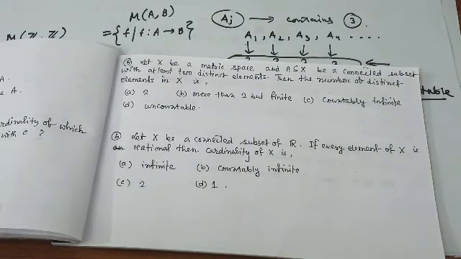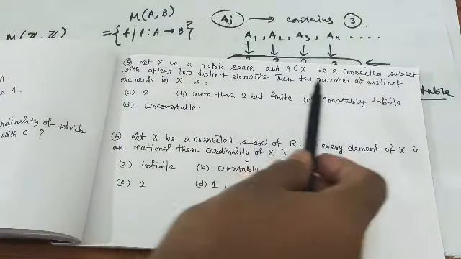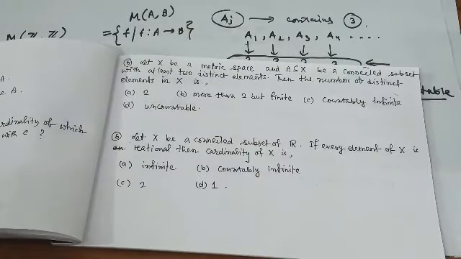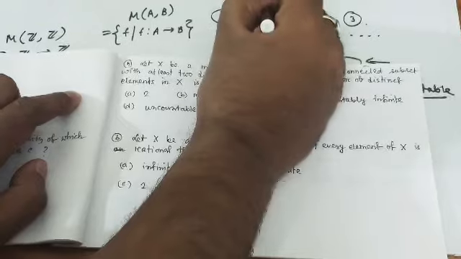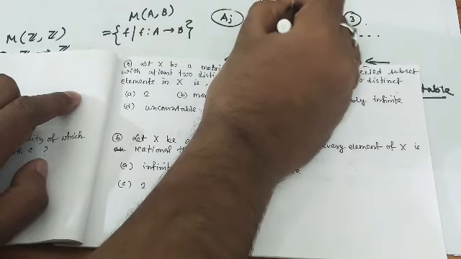Now what about the fifth question? Read it carefully. It says: let X be a metric space and A, a subset of X, be a connected subset with at least two distinct elements. Then the number of distinct elements in X is what? Look at, X is a metric space, so we can simply consider R along with the usual metric.